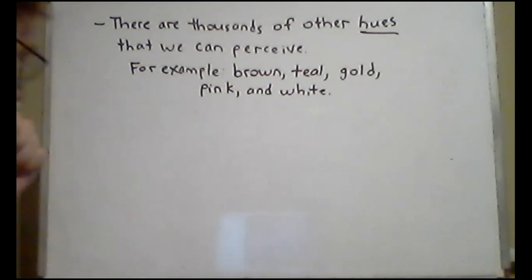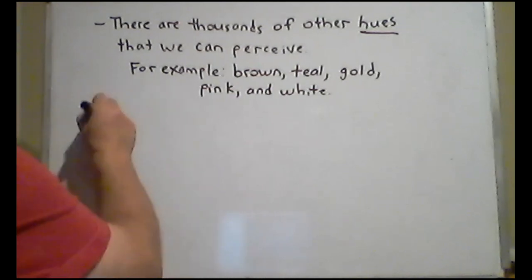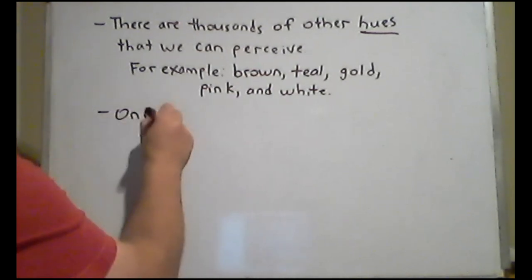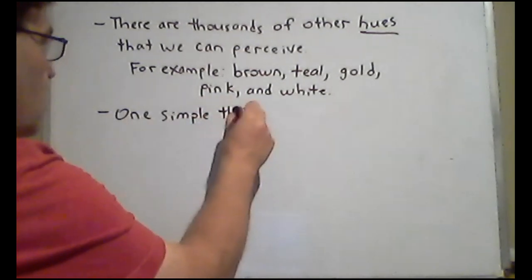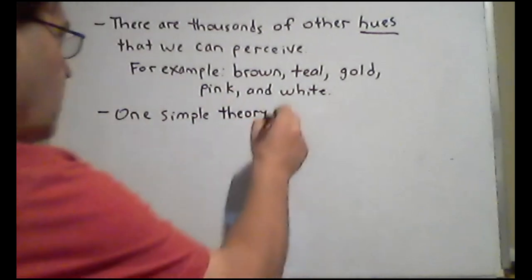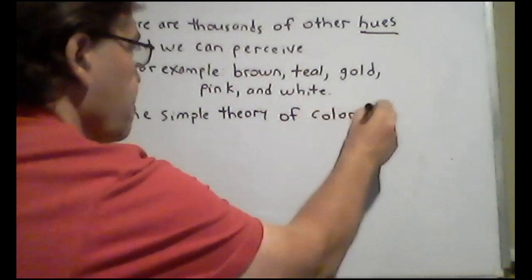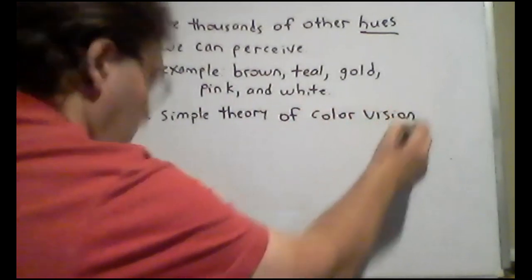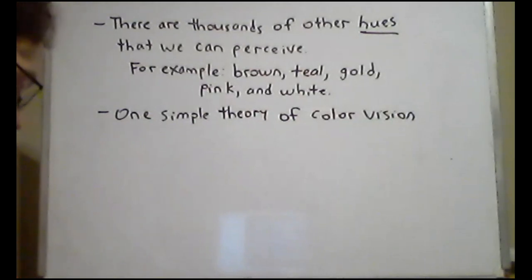So coming up with a theory of color vision, one simple theory of color vision is that for all of these hues, our eyes respond to different combinations of wavelengths.